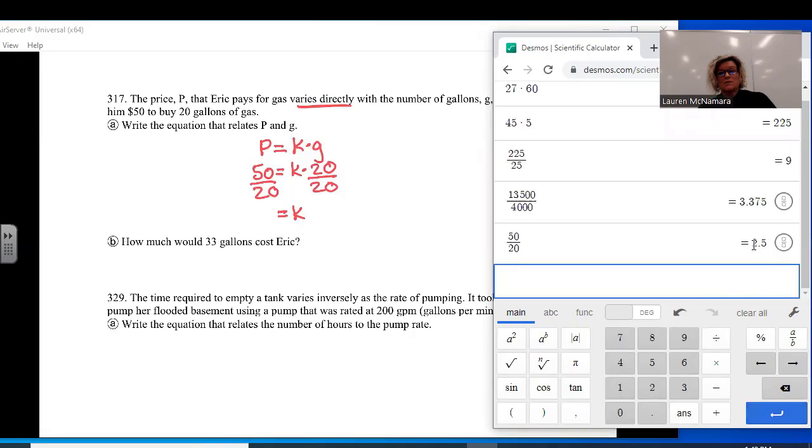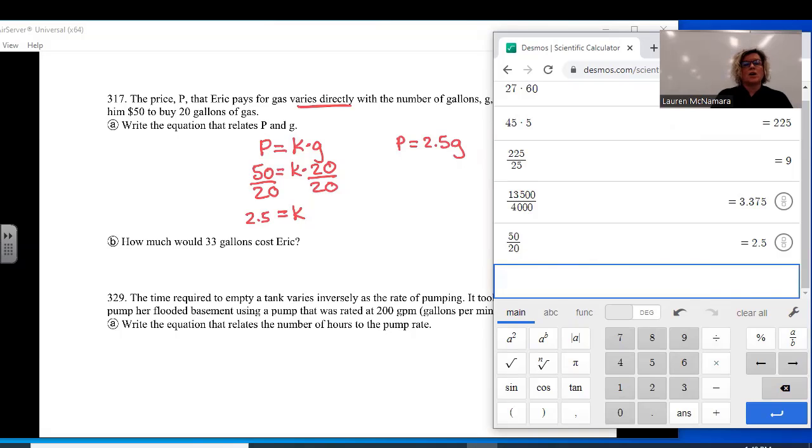Right? So I get 2.5. So then P equals 2.5 times G. So $2.50 per gallon.